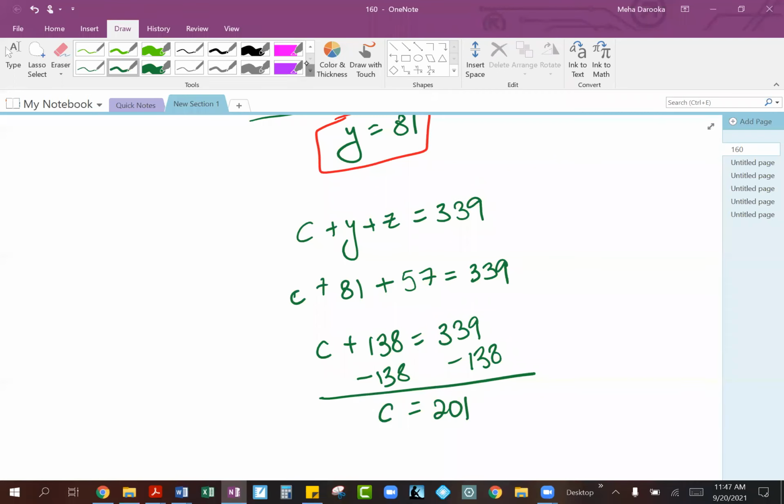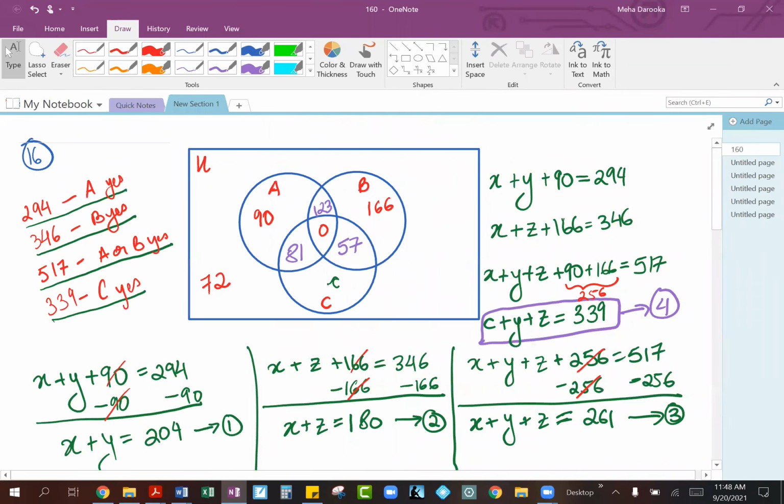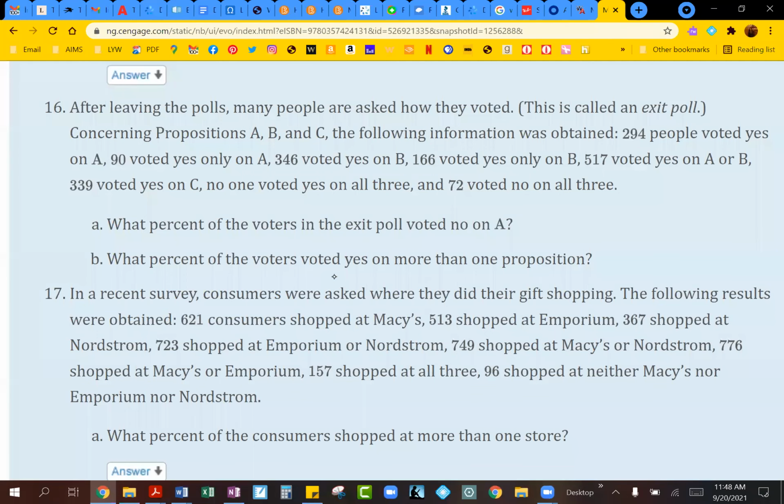Okay, so now that we have all the values for our Venn diagrams, we filled up all the empty spaces. Now you can go ahead and answer these questions.